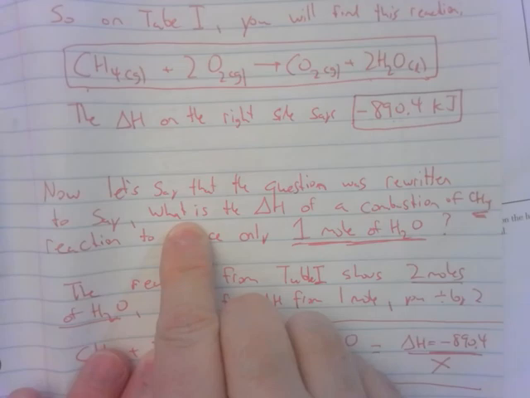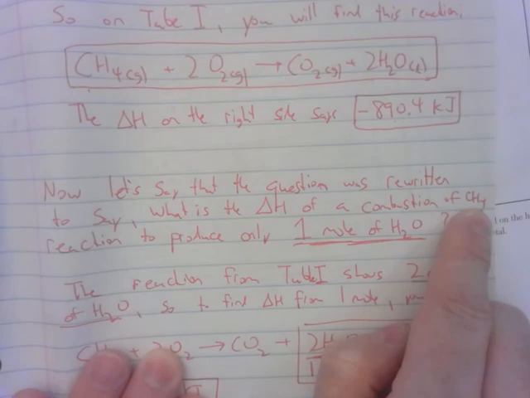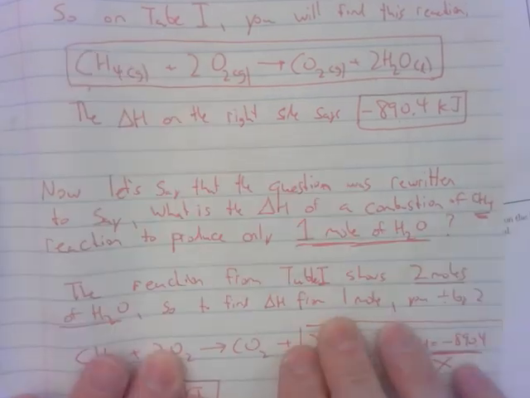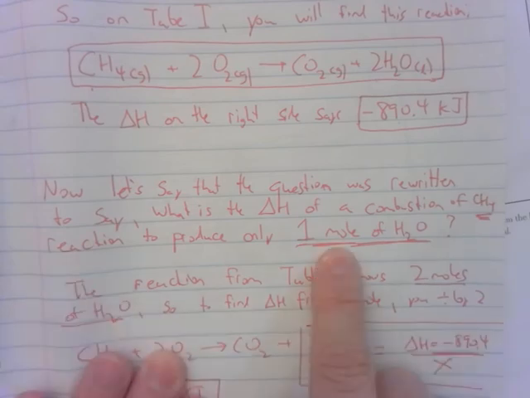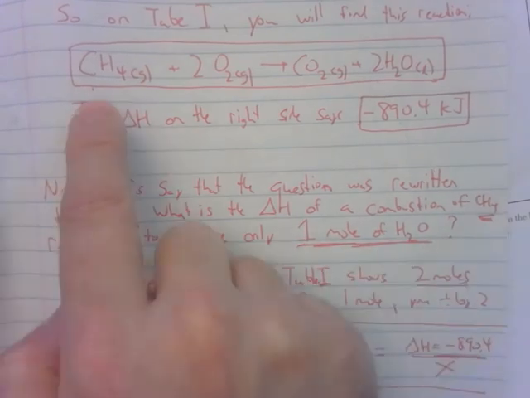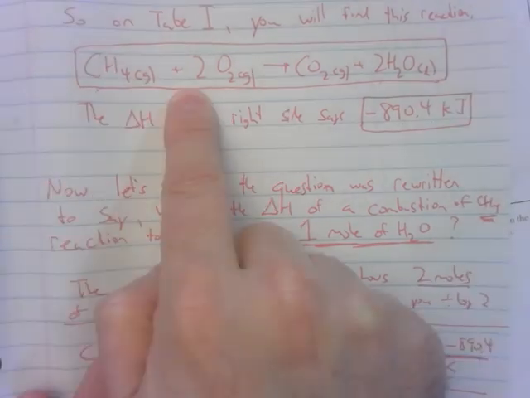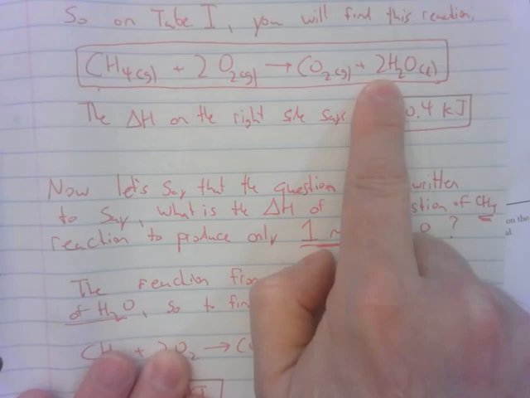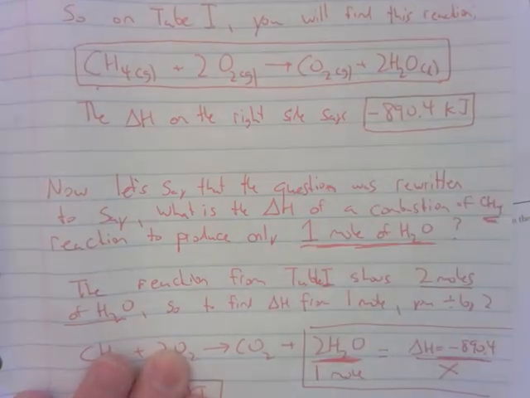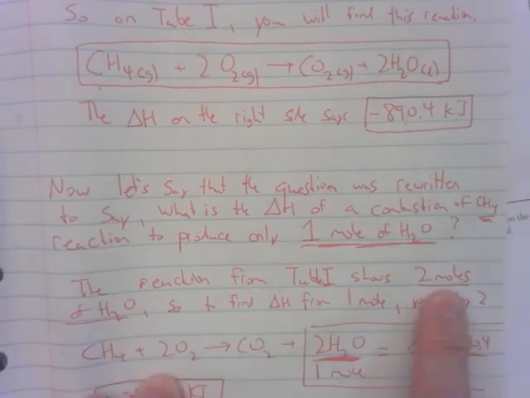Again, we're burning CH4 just like up here. However, I want to produce only 1 mole of H2O. I look at this equation, and sure enough, I'm burning CH4, but I produce 2 moles of H2O. The question said I just want to make only 1 mole of water, not 2. So, the reaction from Table I shows 2 moles of H2O. How would I find the delta H for just producing 1 mole of H2O?